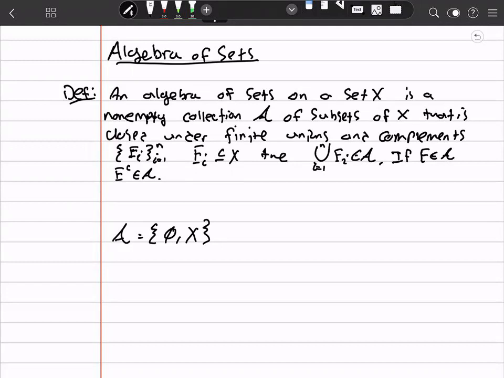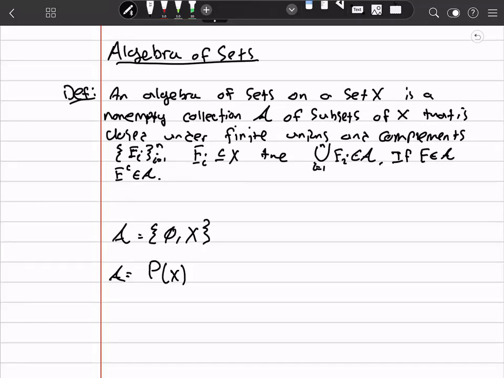The other standard trivial example is if we take A to be equal to the power set of X, the set of all subsets of X. This is also a trivial case because the union of any subsets of X is again a subset of X, so it has to live inside the power set.